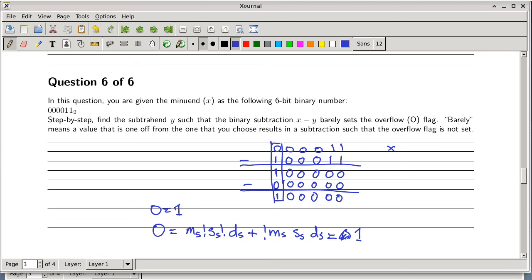4 for the subtrahend. Now 4 in this case would be 0, 0, 0, 1, 0, 0. That would not overflow because you end up with a 0 here and a 0 here. If you have 2 zeros for your minuend and subtrahend, your overflow is guaranteed to be cleared, or a 0.